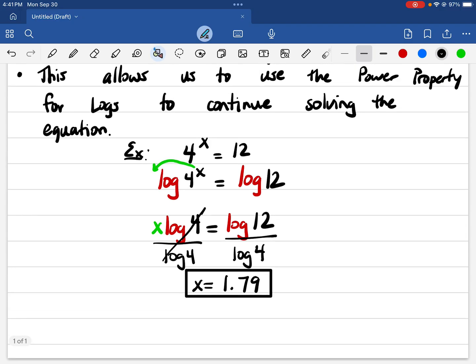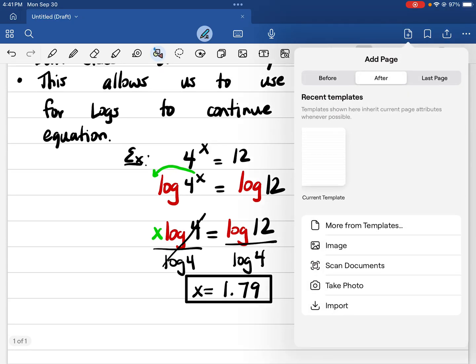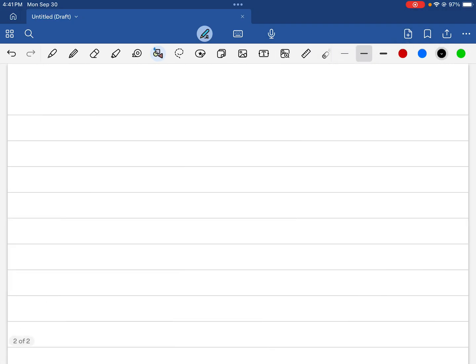All right, the other way that we could go about solving that same type of equation is to change it to logarithmic form with our loggy froggy. So if we take that same example, 4 to the x equals 12, as we talked about the other day, how to convert something from logarithmic form to exponential and vice versa, we can do the same thing here.